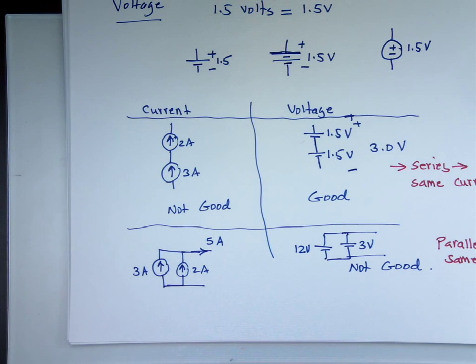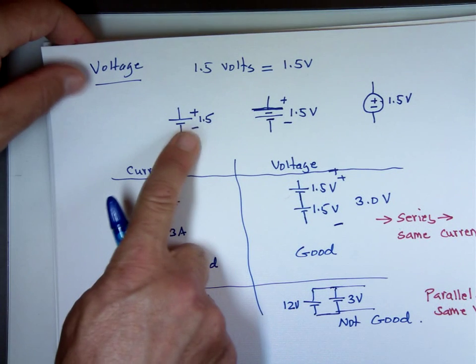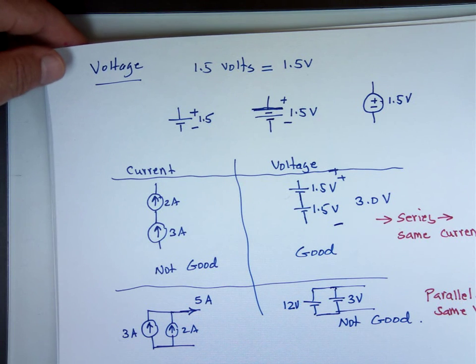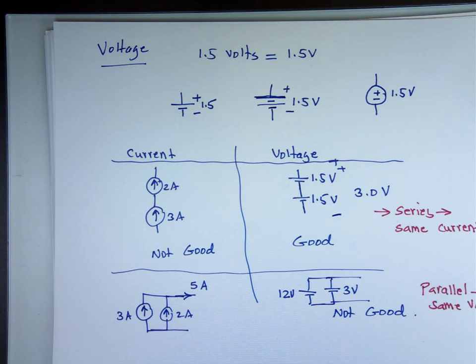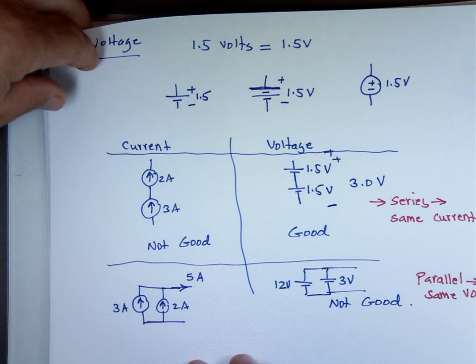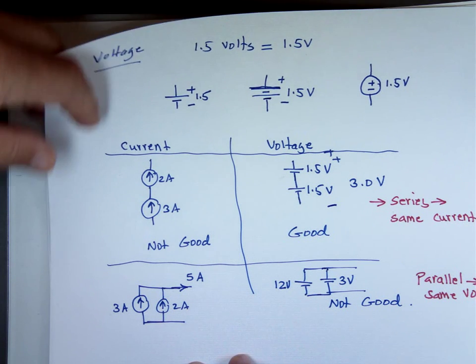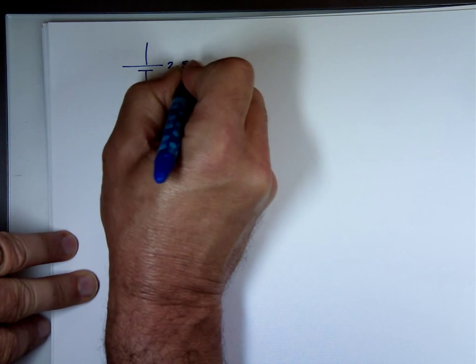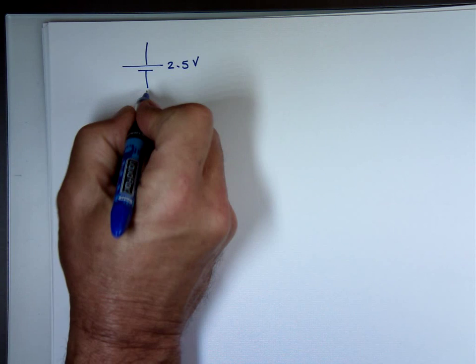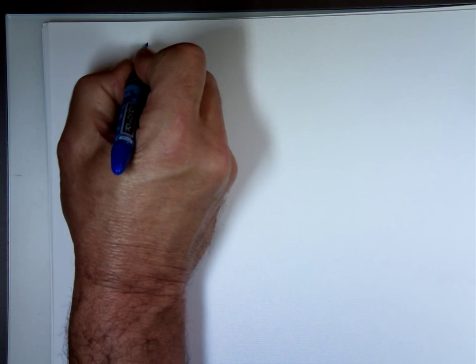When we draw a picture like this for a voltage source, what that means, I'll wait. When I draw a voltage source like this, and I got 2.5 volts, what does that mean about the voltage here on the top?